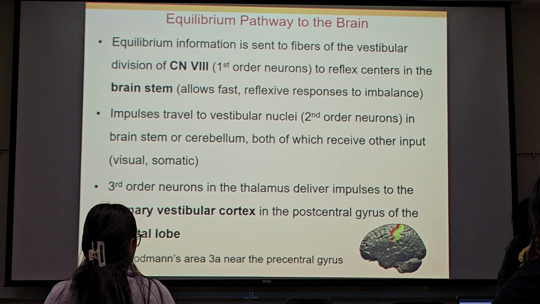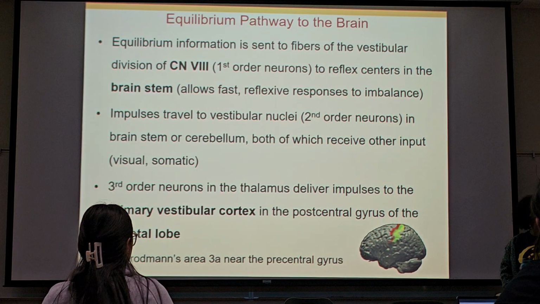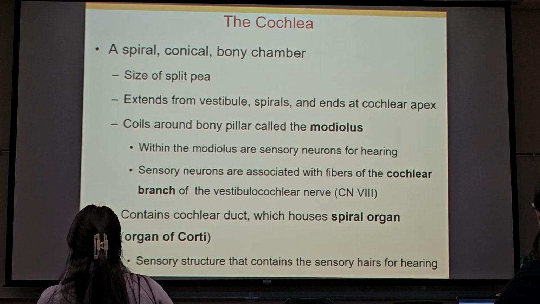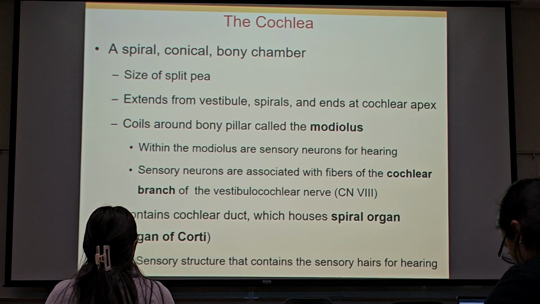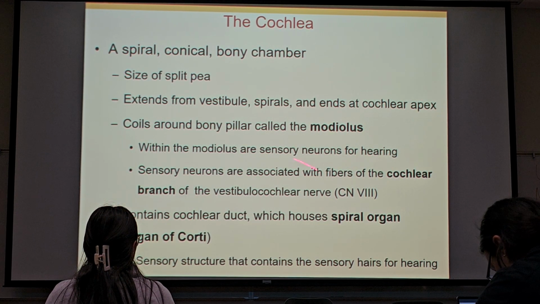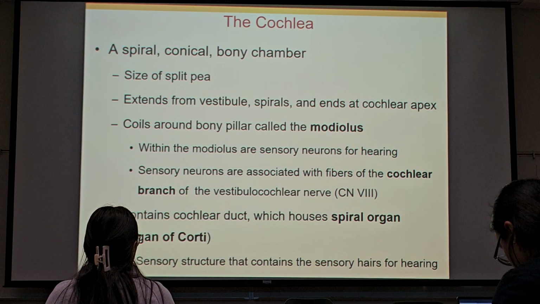Okay, ready to do hearing? Here we go, let's go check out the cochlea. The spiraling, conical, bony chamber, the bony labyrinth with the membranous labyrinth inside of it, very tiny, inside of our ear, embedded in that petrous portion of the temporal bone.